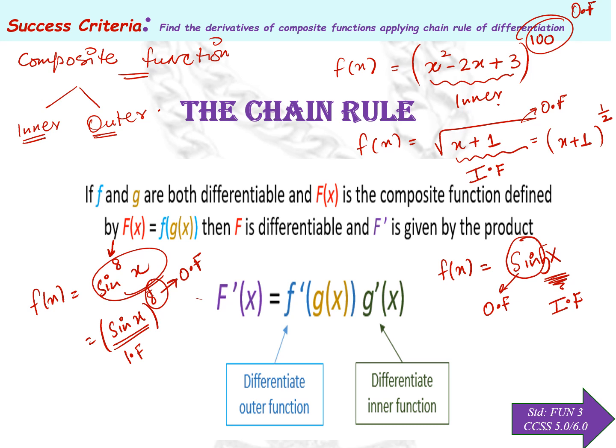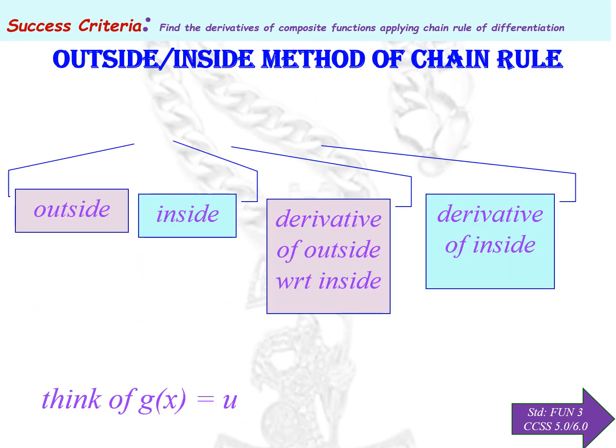Now when you have to solve using the chain rule, remember that according to the chain rule, you have to take the derivative of the outer function first and then take the derivative of the inner function. We are asked to take the derivative of a function which is written in composite form.